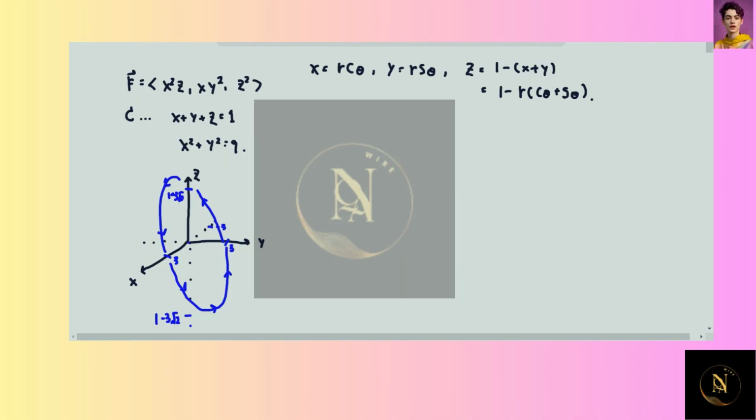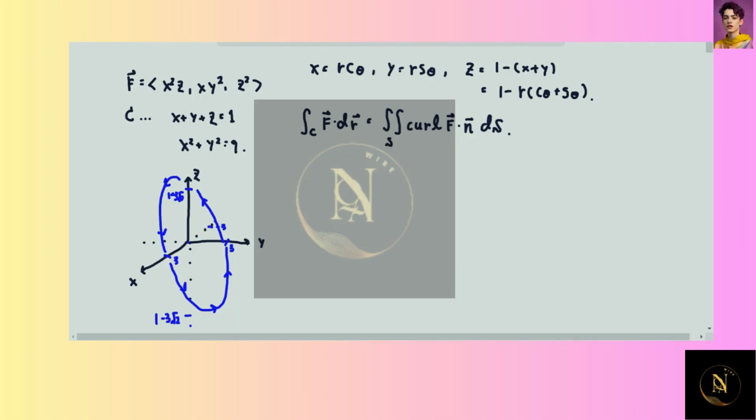So let's move on to the evaluation. As usual, we are asked to evaluate the line integral of F dot dr. By using Stokes' theorem, we can evaluate it using the surface by taking the dot product of the curl of F with the normal dS.